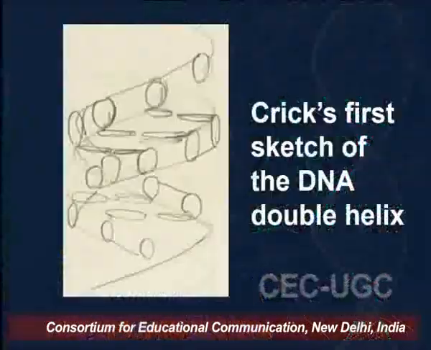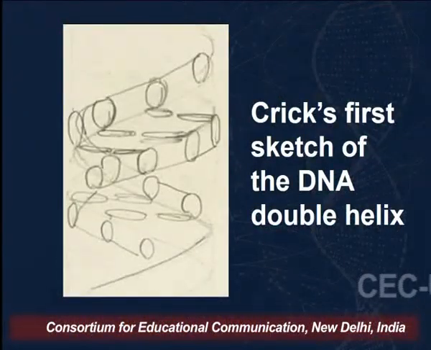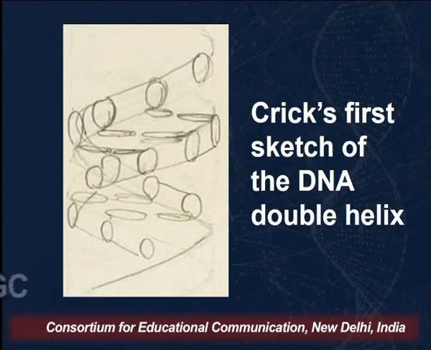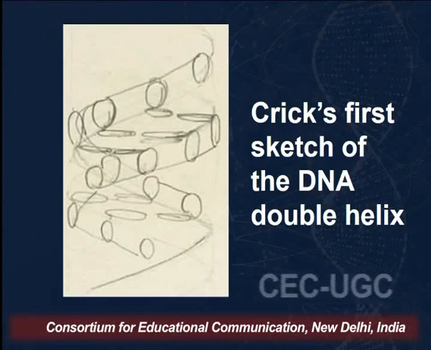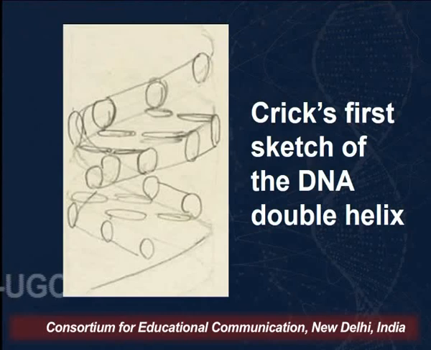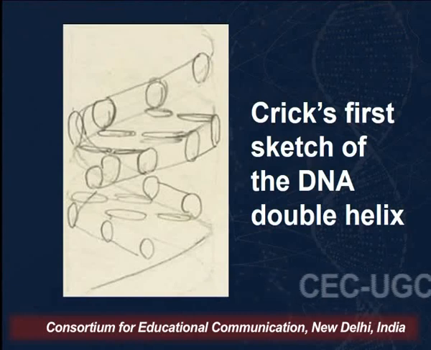On your screens, you can see the first sketch of the DNA double helix as drawn by Watson and Crick. In this, you can see that the side ropes contain the sugars and the phosphate, and the rings which you can see are the rungs where the bases are present.